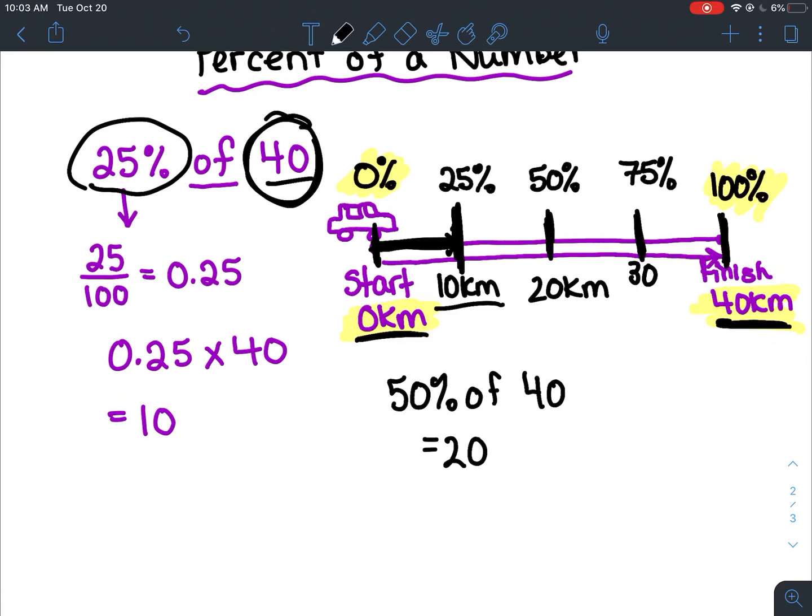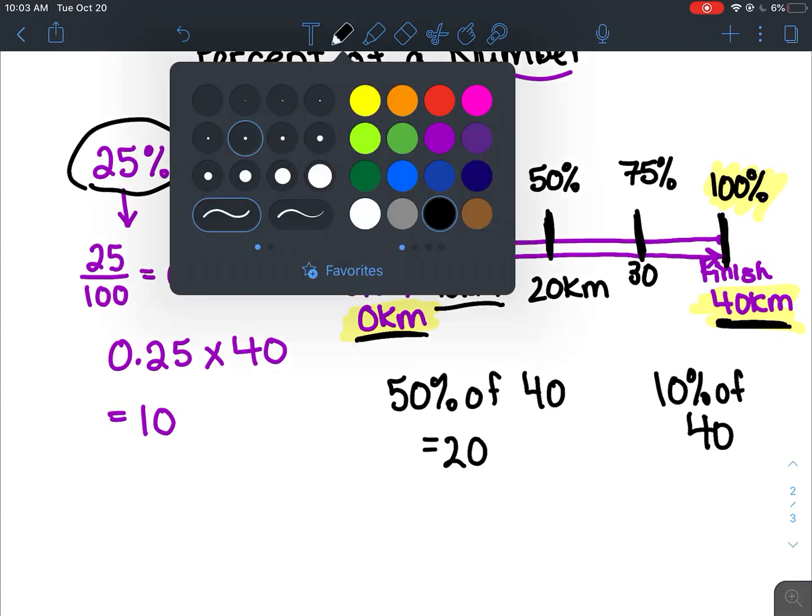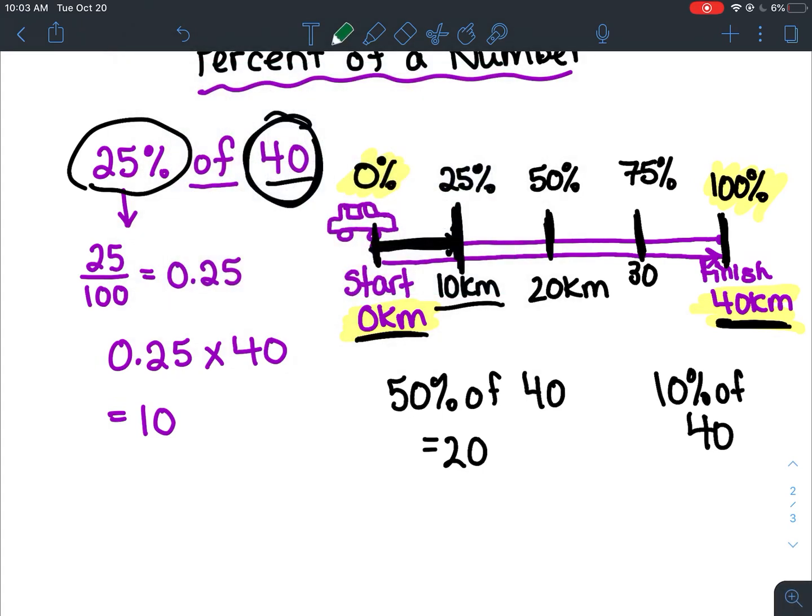And you can break it down even more. Let's say you just wanted to find out what 10% of 40 is. Then you'd have to break it into 10 equal sections. So if you broke it into 10 equal sections, how could you break 40 kilometers up into 10 equal sections?